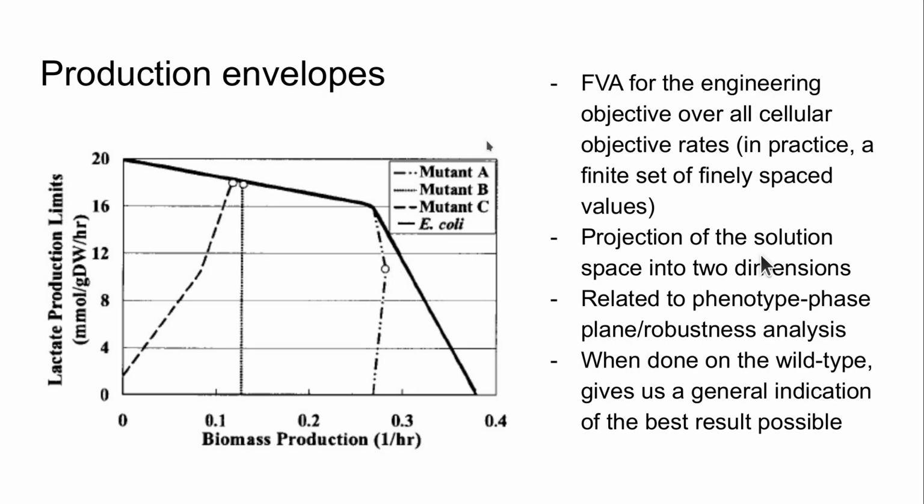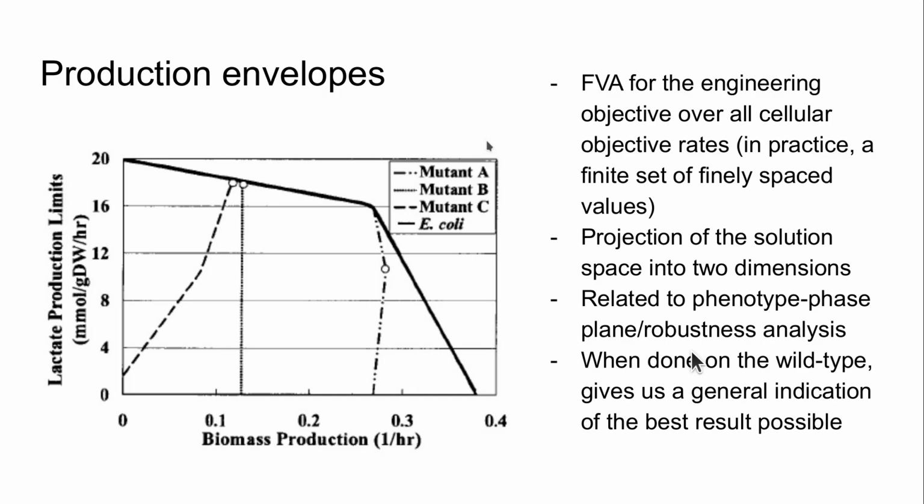Further, production envelopes are related to phenotype phase planes and robustness analysis curves, but they're a bit different as well. There's some overlap there, but I'll explain that in more detail in a few slides.